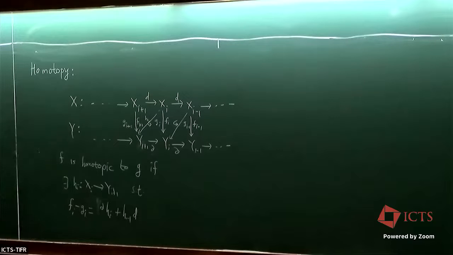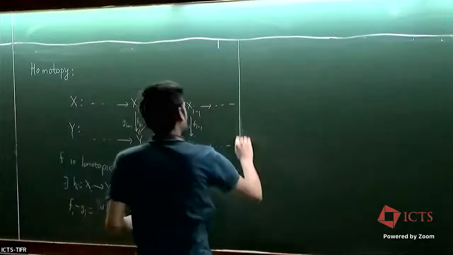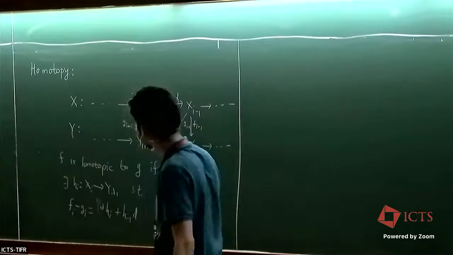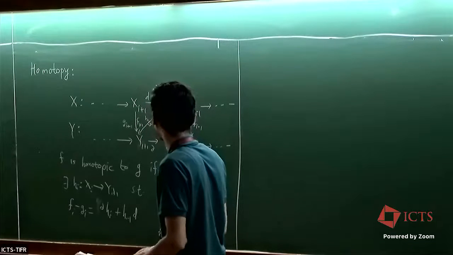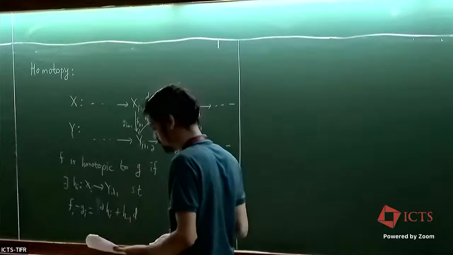And this relation is an equivalence relation. So we can talk about two chain maps being homotopic rather than saying that F is homotopic to G.